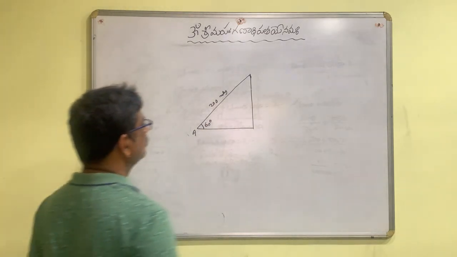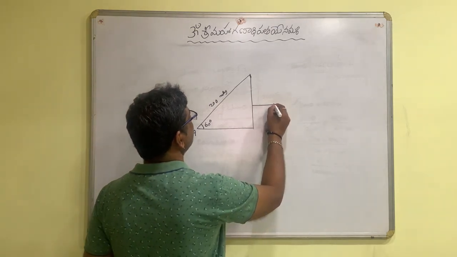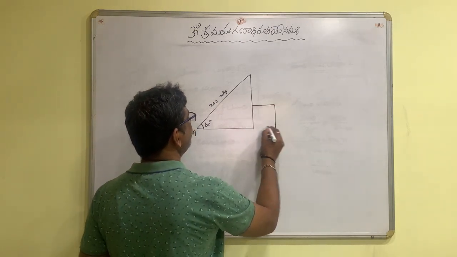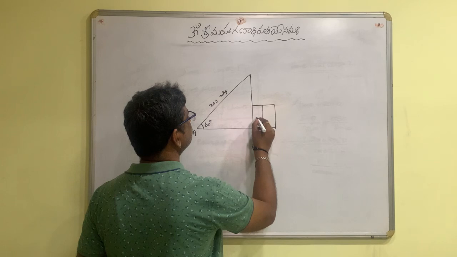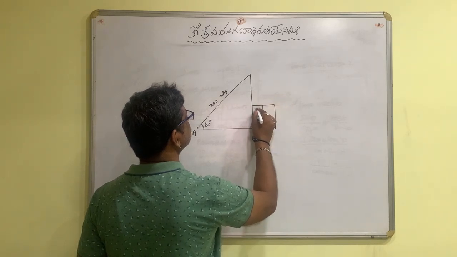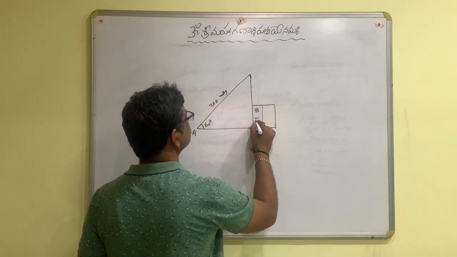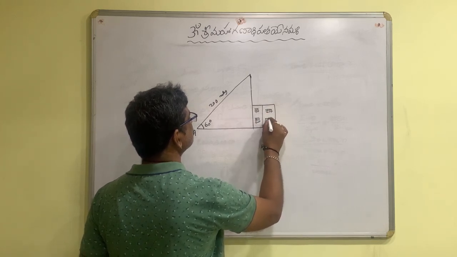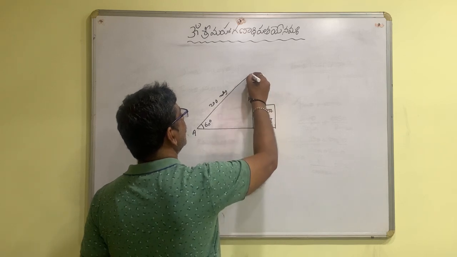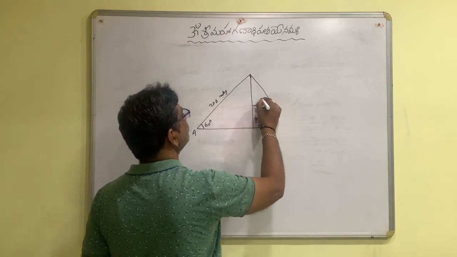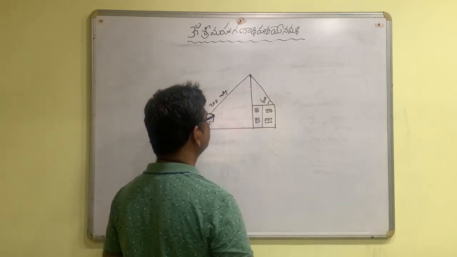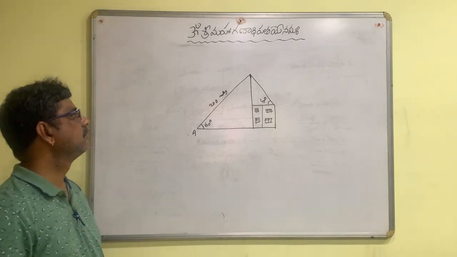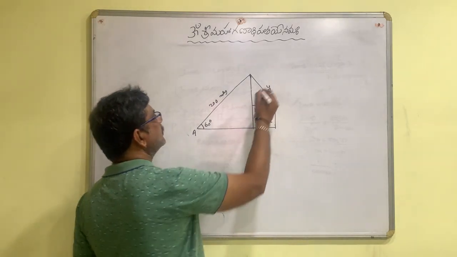Now Deepak is standing on a 50 meters high building and observes the same bird with an elevation of 45 degrees. We need to find out this one.